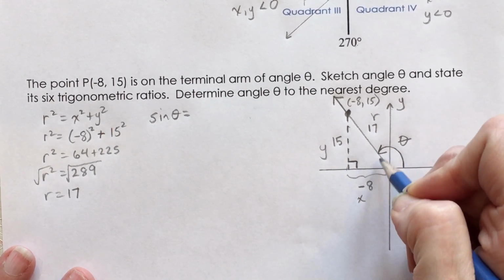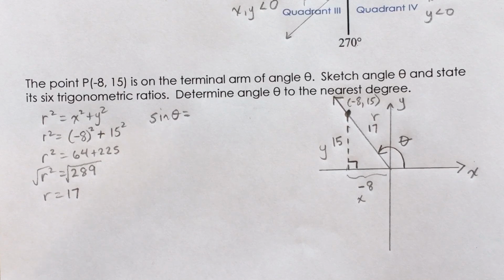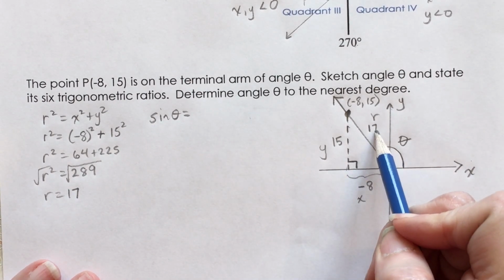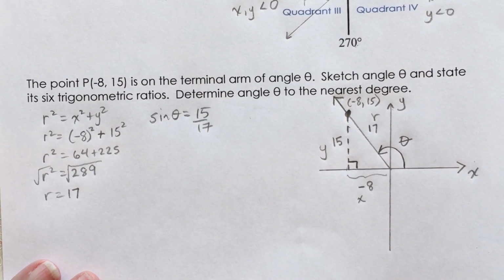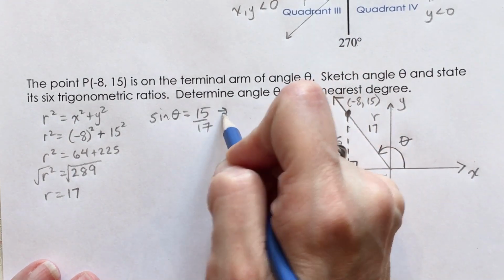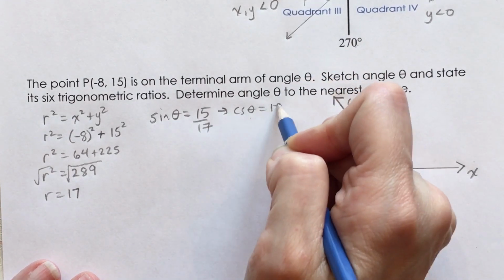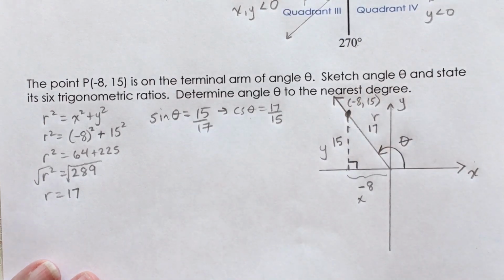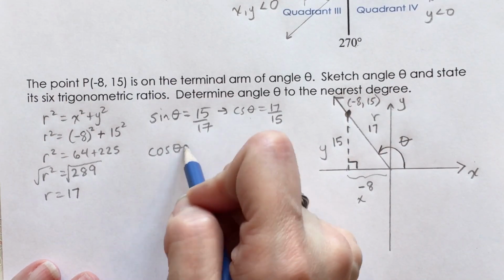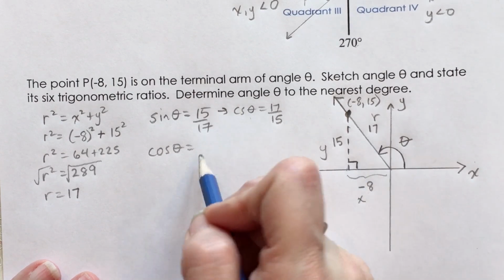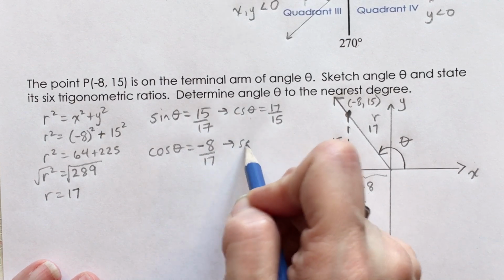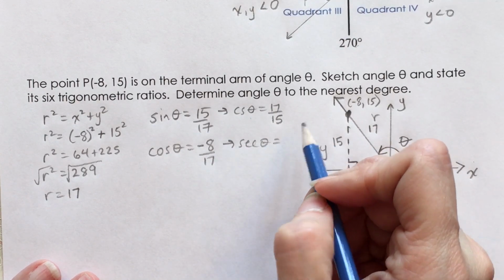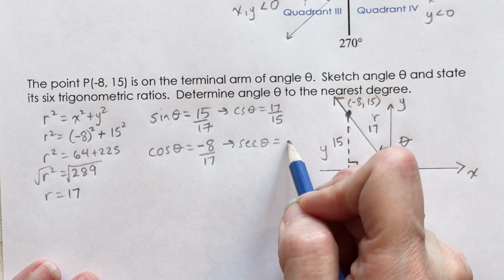Because theta is not even in the triangle, thinking of it as opposite over hypotenuse isn't as great as thinking of it as the y value over the r value, 15 over 17. Then the cosecant of angle theta is going to be 17 over 15, the reciprocal. The cosine of angle theta is the x value over the r value, -8 over 17, which means the secant of angle theta is going to be 17 over -8.